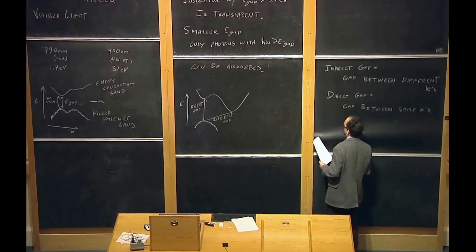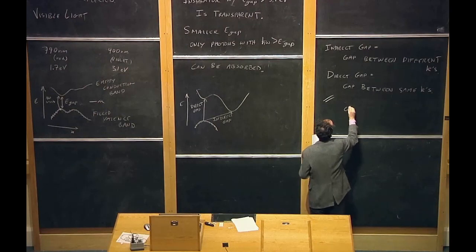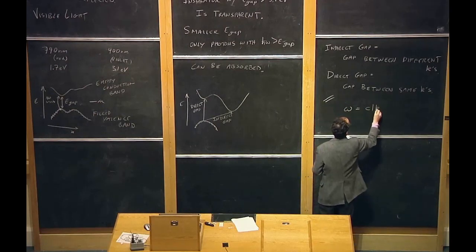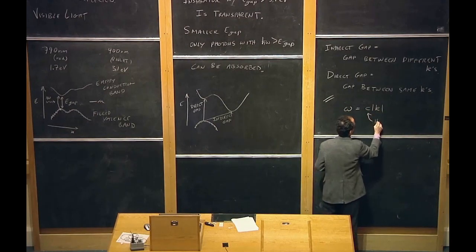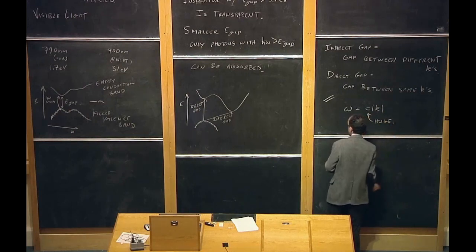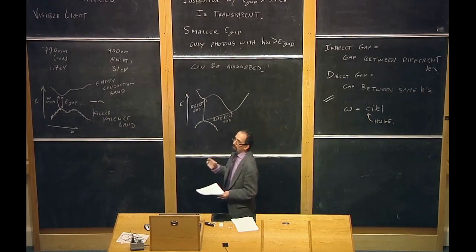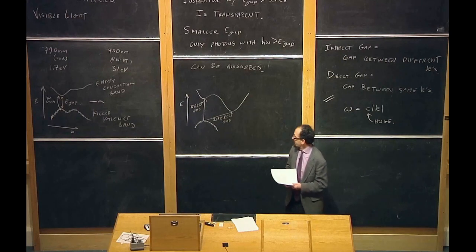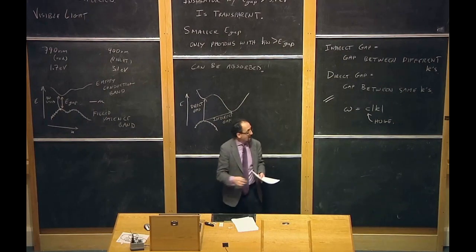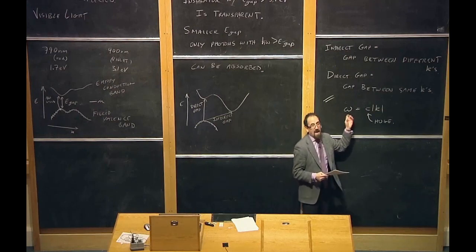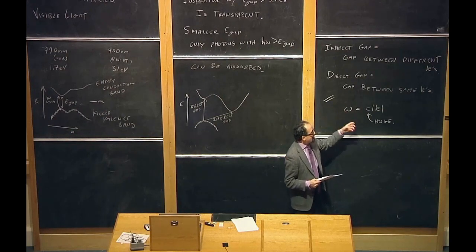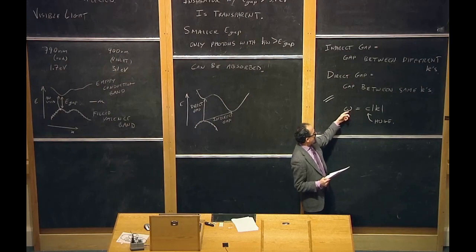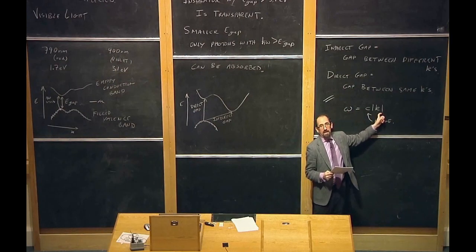Well, let's recall that the frequency of light is c times k, and c is huge. We've run into this problem before. So if we're trying to conserve both energy and momentum by absorbing a photon, for any light frequency that's not like X-ray frequency, k is tiny.